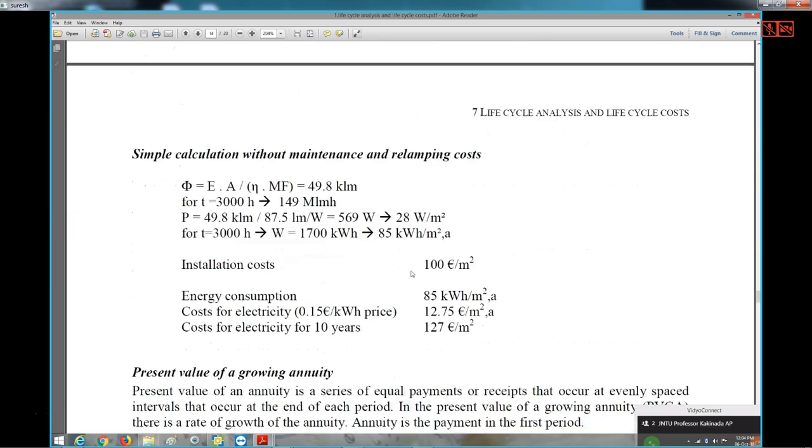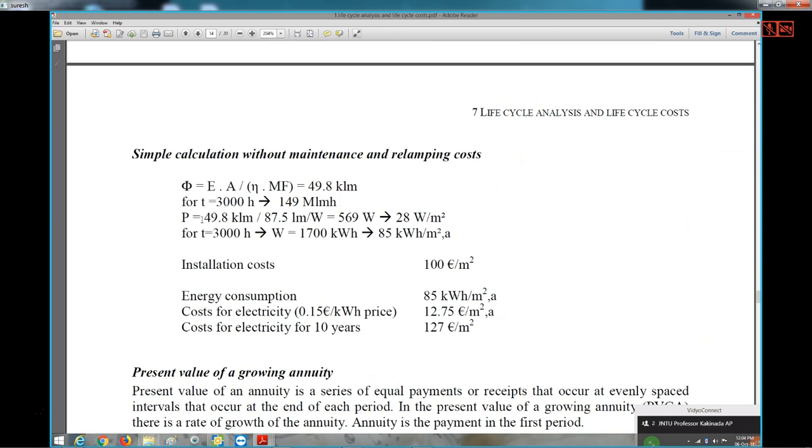Now, how to arrange this case? Luminous flux phi equals E times A divided by eta times maintenance factor. That gives 49.8 kilolumens. Then, for 3000 hours of operation, how many lumens are required? That is 49.8 times 10 power 3 multiplied by 3000, giving 149 times 10 power 6 lumen hours.